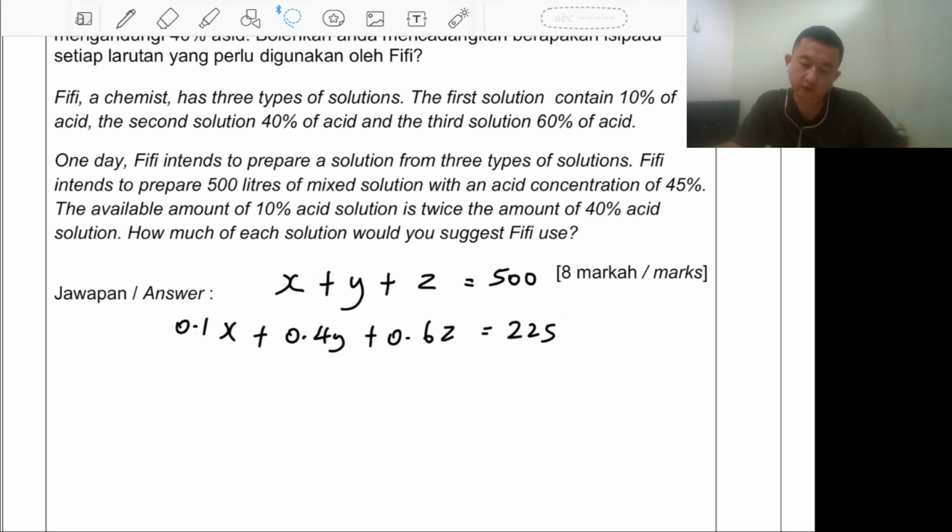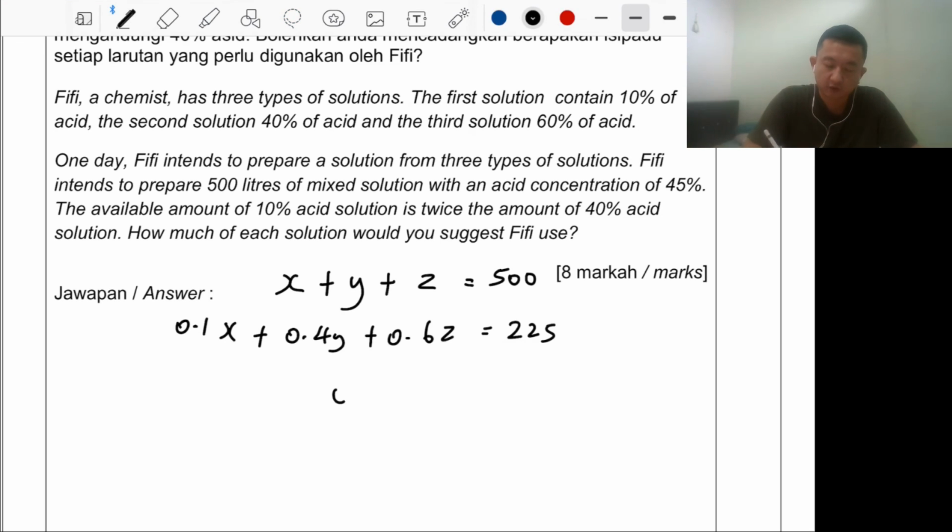We need one more. 3 unknowns, 3 equations. The available amount of 10% acid is twice the amount. Okay. So 0.1x equals twice 0.4y.